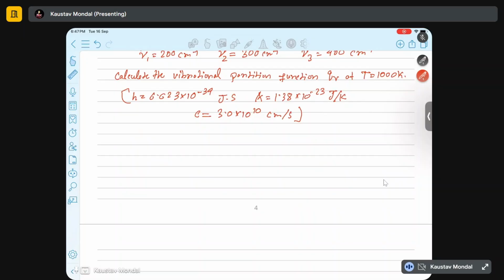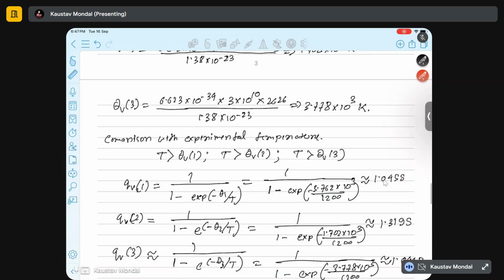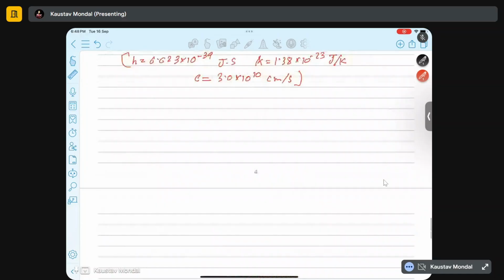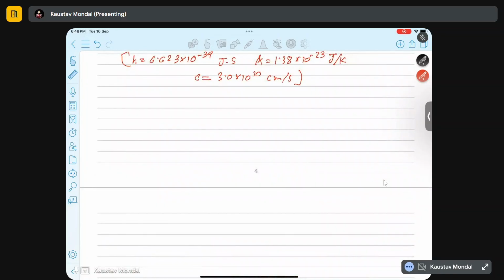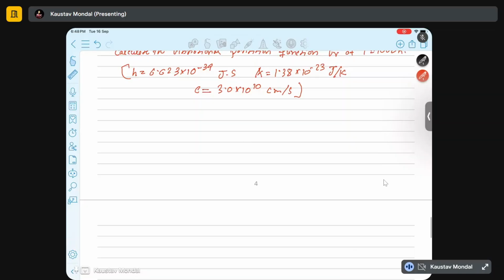So let me first write the expression of QV. Similar here also, QV would be the multiplication of the 3 modes, QV1 into QV2 into QV3.